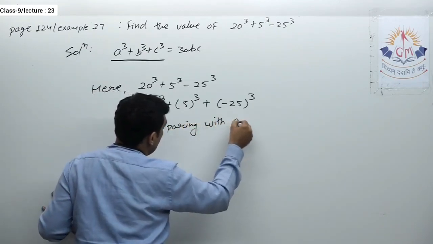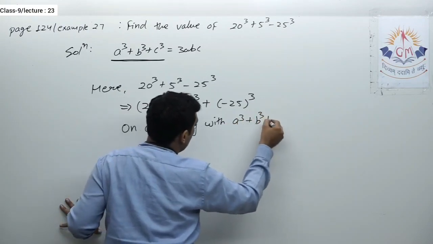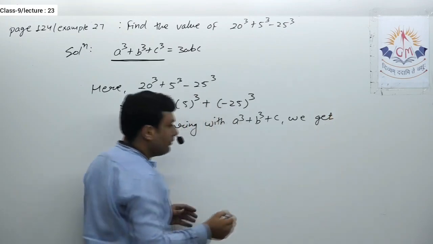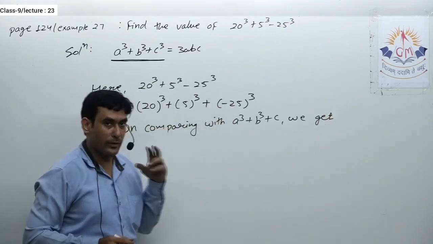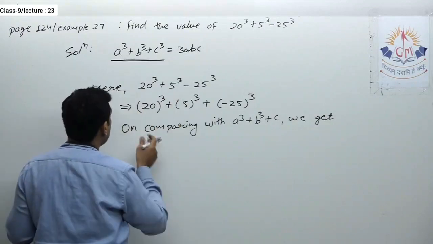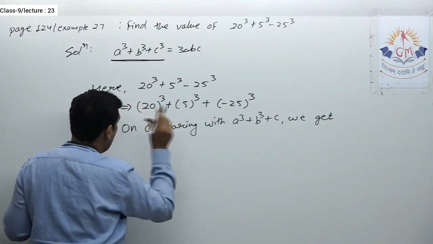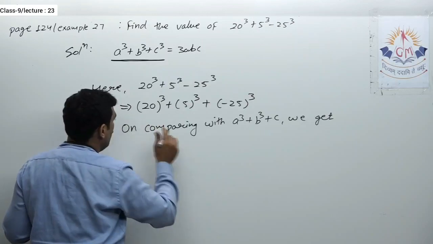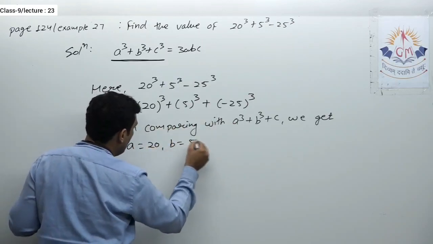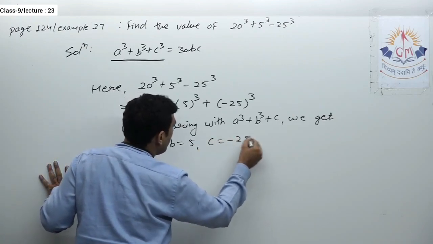with A cube plus B cube plus C cube, we get, okay, I am giving you the full solution if you get this type of sum in 2 marks, for the subjective part, but for the objective part you do not have to write that much, and I will tell you how we can get the answer easily. We get A equal to 20, B equal to 5, C equal to minus 25.